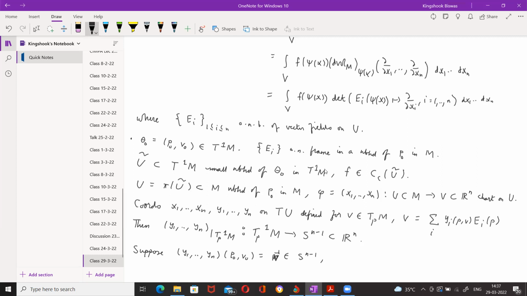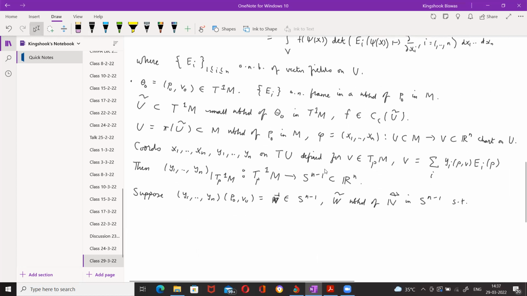And I take W tilde a neighborhood of N in S^(n-1) such that, assuming that this U tilde is small enough, my unit tangent vectors in U tilde are all close to (p0, v0).